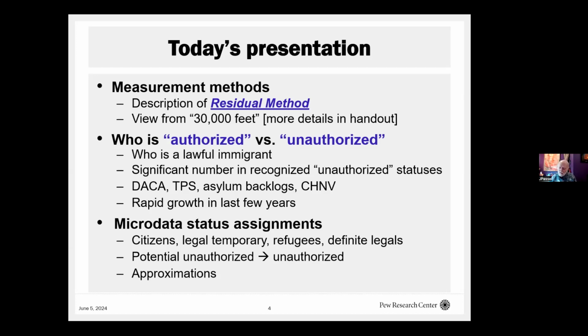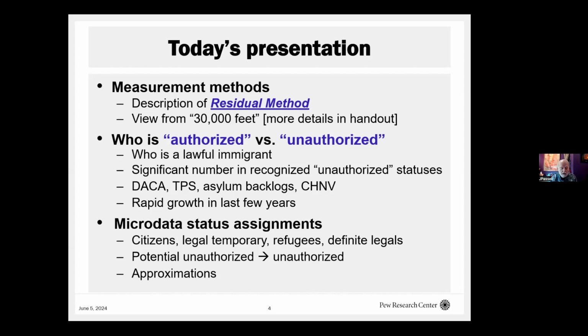And then what we do is, after we make our estimates, we go into the microdata. This is mainly the American Community Survey. We try to identify the legal status of the specific individuals in the microdata as citizens, legal temporary migrants, refugees, people who we're fairly certain are legal immigrants, and then who are the potential unauthorized in there, and how we choose which ones we tag as unauthorized.